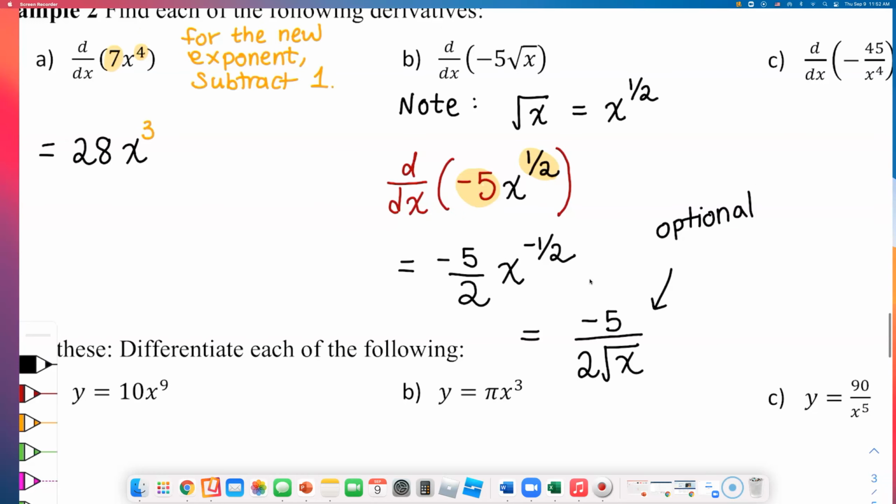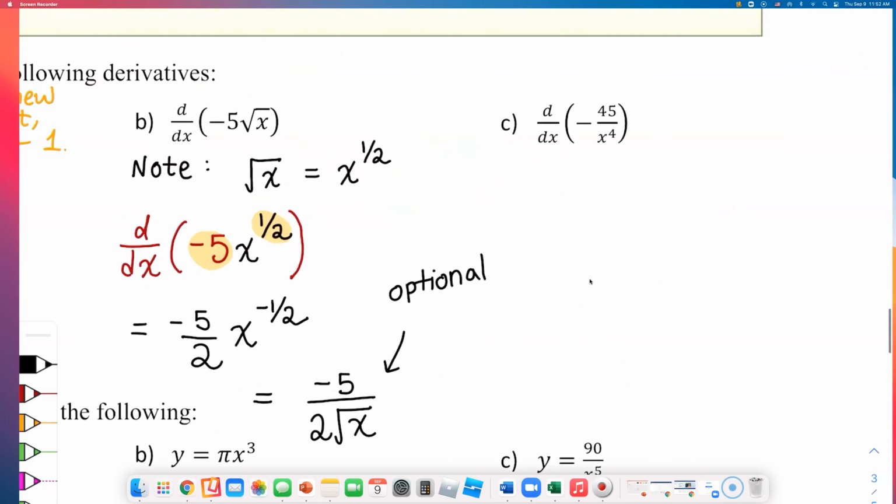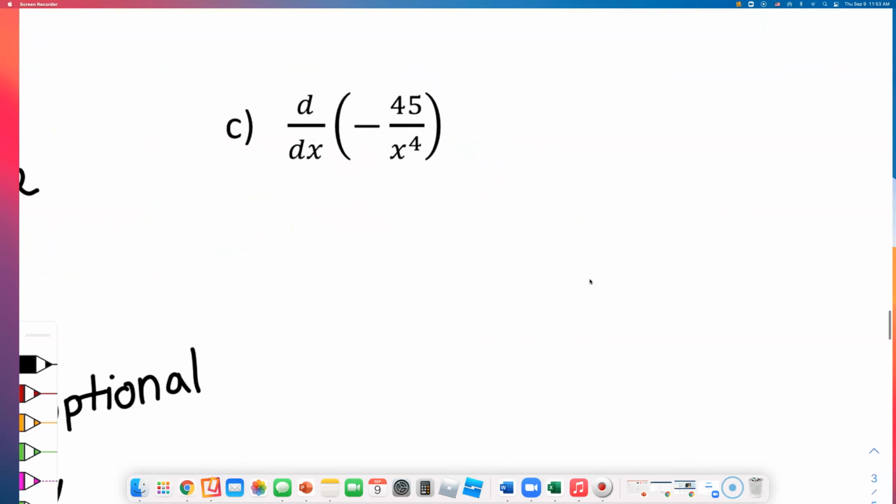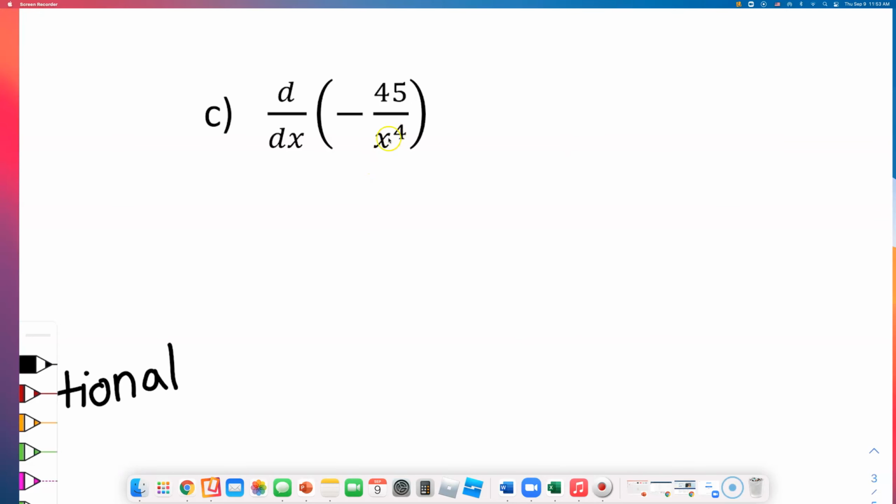Okay, let's take a look at C. Oh, I'll show you another trick on rewriting. Unfortunately, the x is in the bottom of the fraction. You can't apply the power rule if it's written like that. So what you will have to do is get this x to the 4th power, who is currently in the bottom of the fraction, out of the bottom of the fraction.